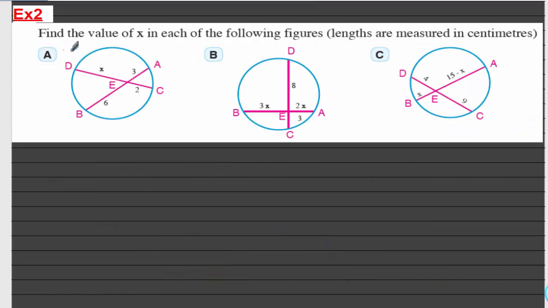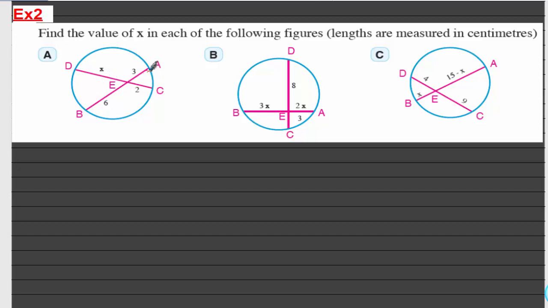Example 2, find the value of x in each of the following figures, and lengths are measured in centimeters. In figure 1 here, we have AE equals 3 centimeters, EB equals 6 centimeters, CE equals 2 centimeters, and DE equals x centimeters.